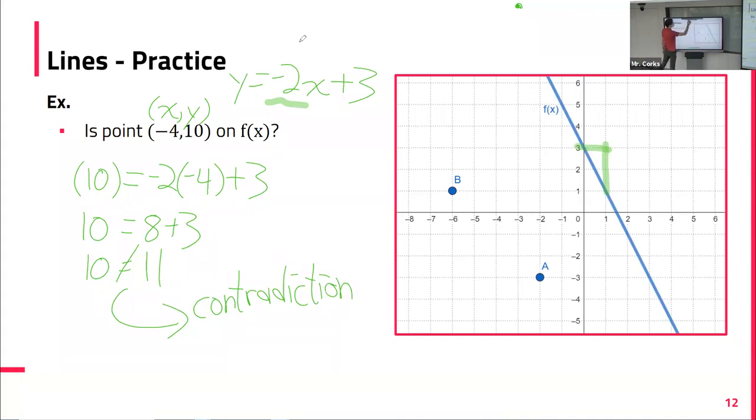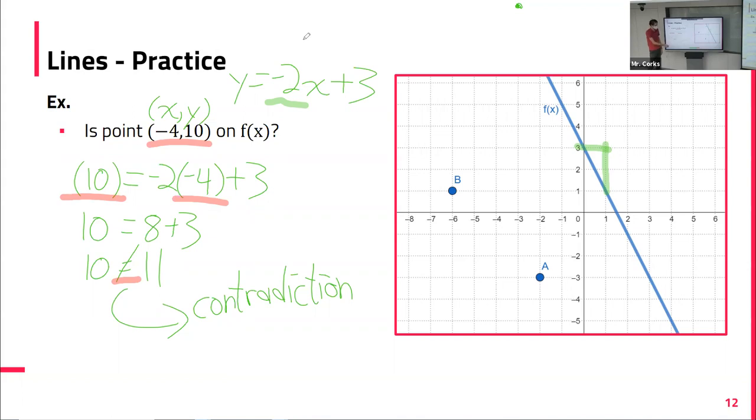So just quickly, I'll explain the logic behind this and why we're doing this. This comes up in harder questions as well. When we do this step right here and we substitute in the -4, 10 into this equation, we are assuming the point is on the line, and then we're just doing some simplification afterward. So we are already making the assumption that yes, it's on the line, but when we do our simplification, we say, no, wait, we have a problem here.